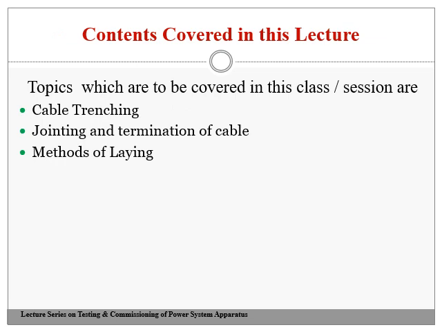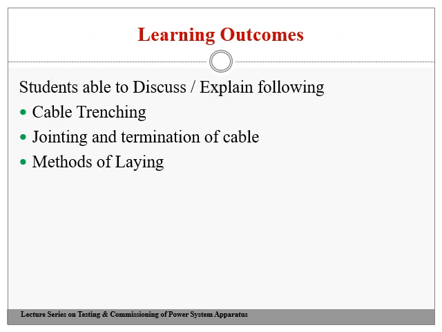In this class, we are going to see the meaning of trenching. What does trenching mean? That is cable trenching. Then afterwards, we are going to have the jointing of the cable and the termination of the cable, what we are going to see in this session.